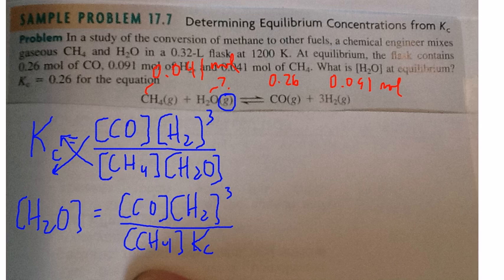And here we can plug in the concentrations. Now, the thing that you need to be aware of is these numbers that were given to us in the problem are moles. And of course, brackets mean molarity concentration. So we do have to convert everything to molarity units, and everything is in a 0.32 liter flask.